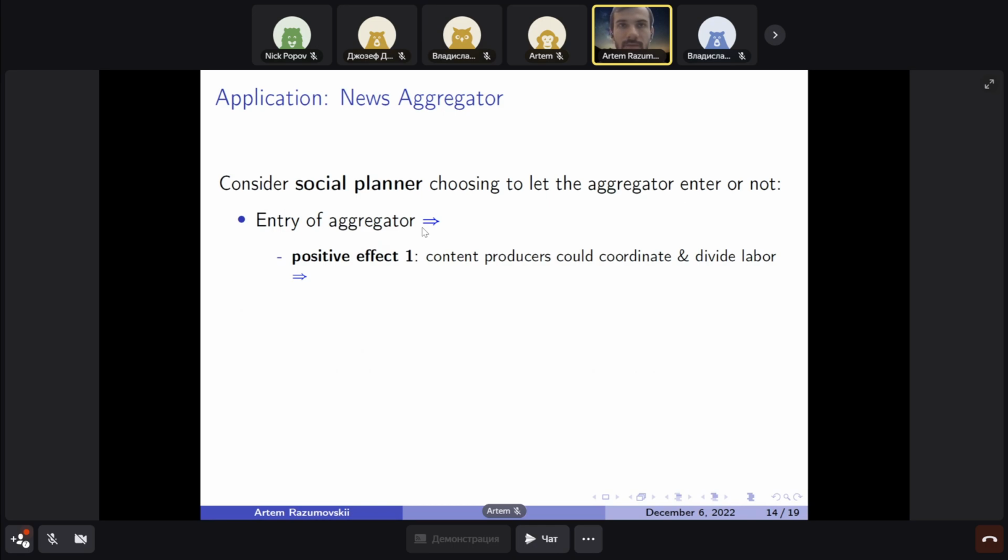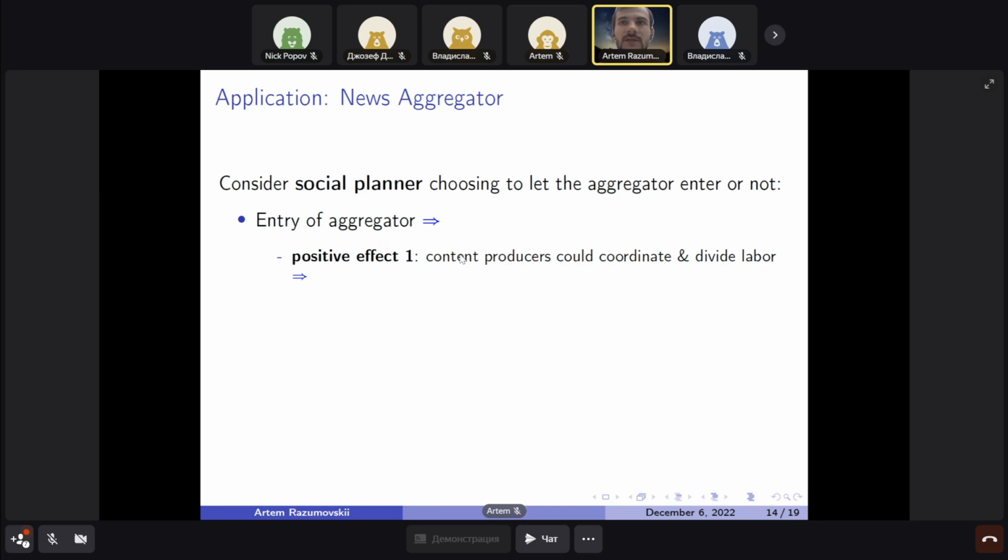Then we will think about different effects. Firstly, if there is an aggregator, what can the agencies do? Now agencies know that they can be found on the aggregator.